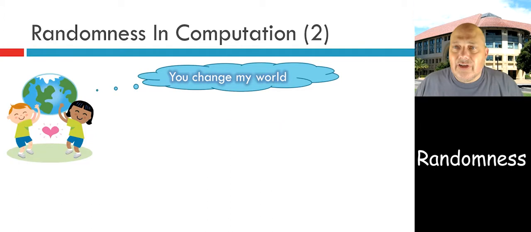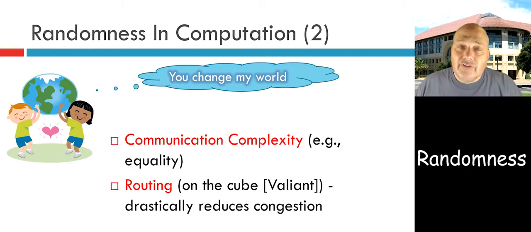There are other areas in which you don't have to use randomness, but using randomness makes a huge difference. In fact, we've already seen two such examples in communication complexity, where equality has a very efficient randomized protocol, but doesn't have a good deterministic protocol, and we had another example in streaming.